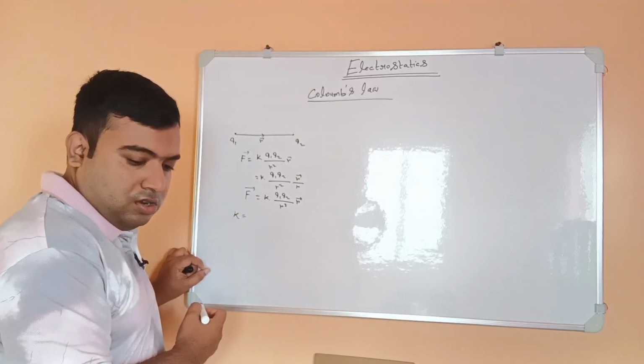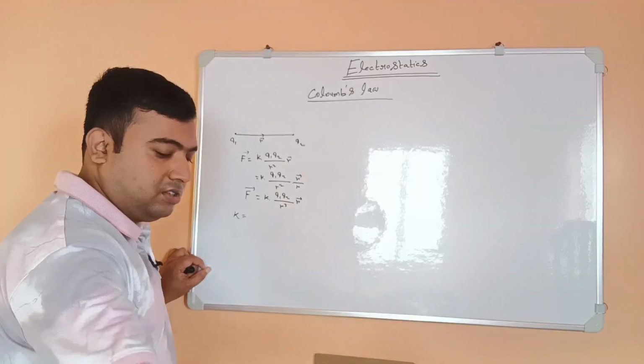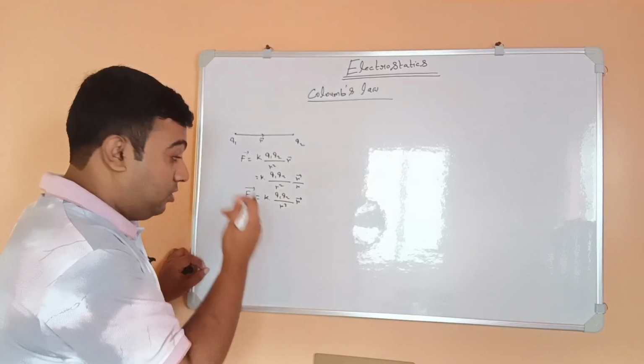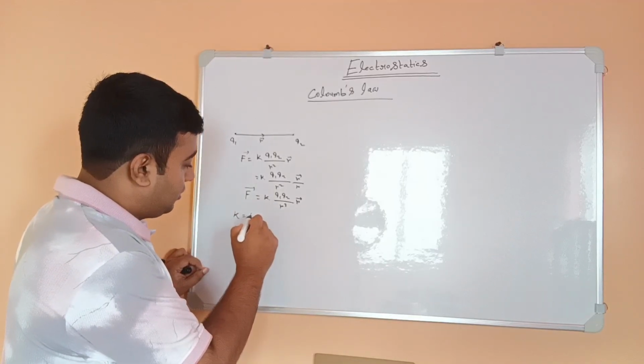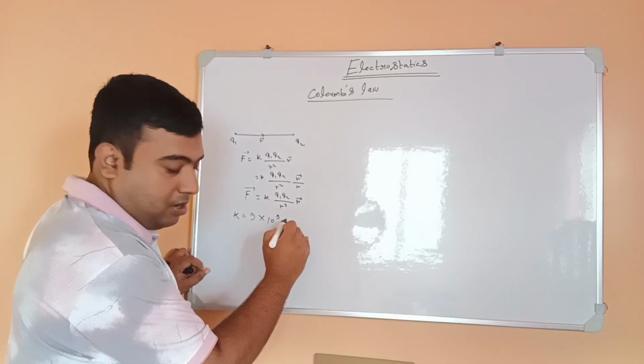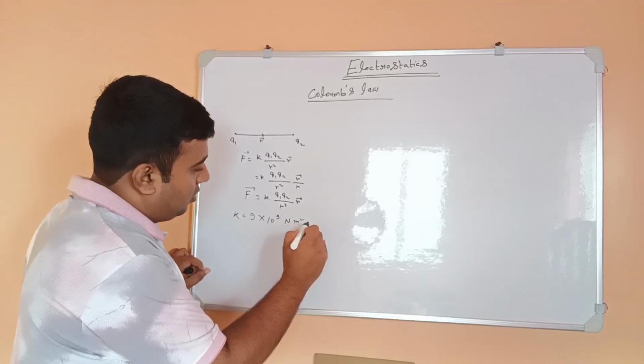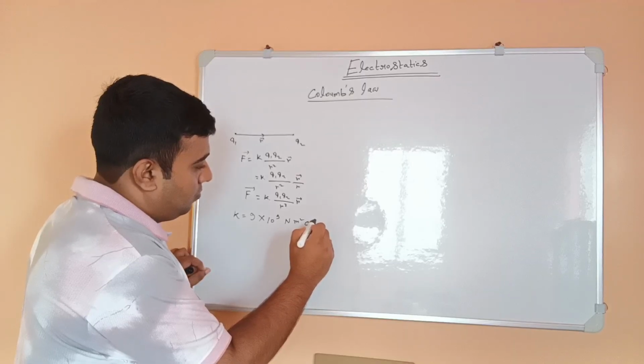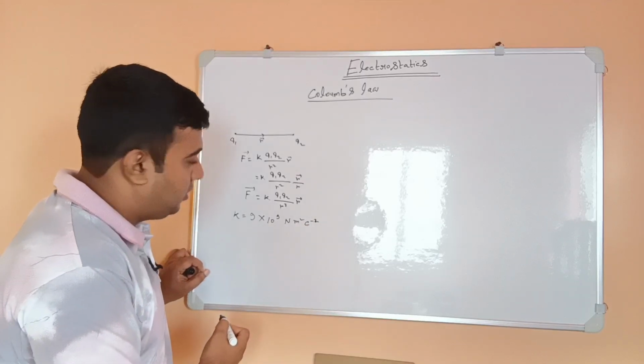The constant k is experimentally measured, and in SI units it is often written as 9 into 10 to the power 9 Newton meter square coulomb to the power minus 2.